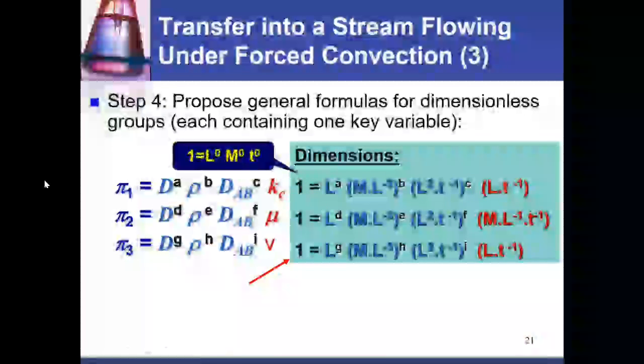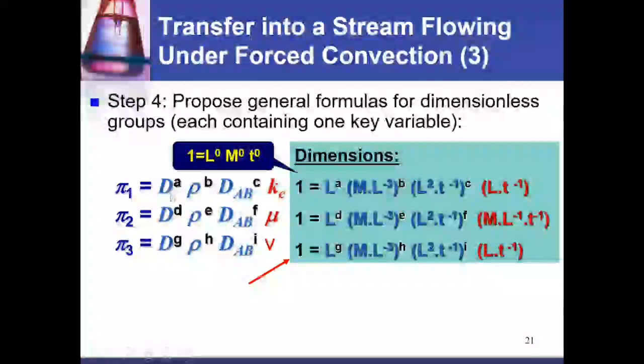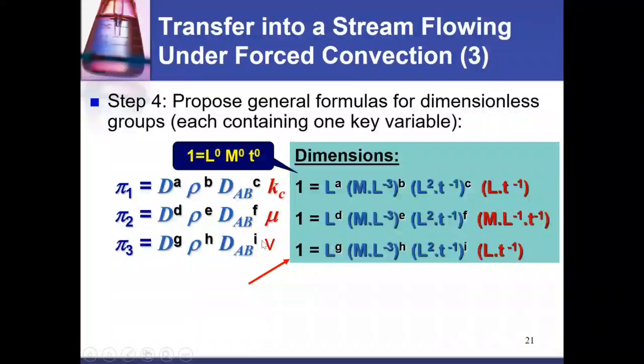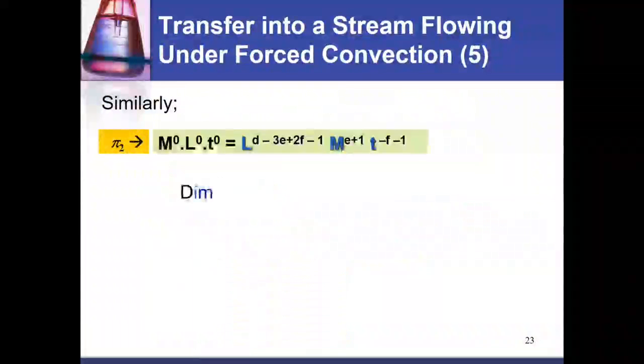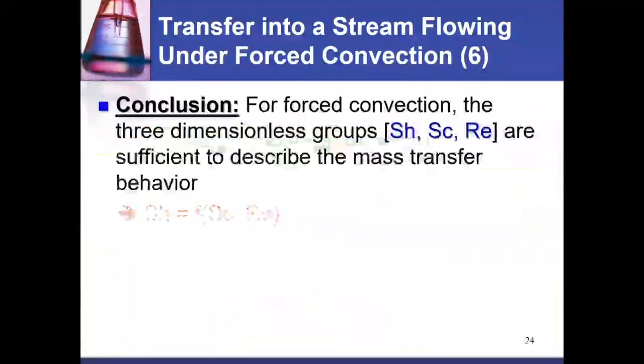So it has DAB, and it has one or 2 of these variables. Same here. So these are the numbers you obtain for pi2 and pi3. They are expected to be related in a certain sense. So they are related: Sherwood number, Schmidt number, and Reynolds number.